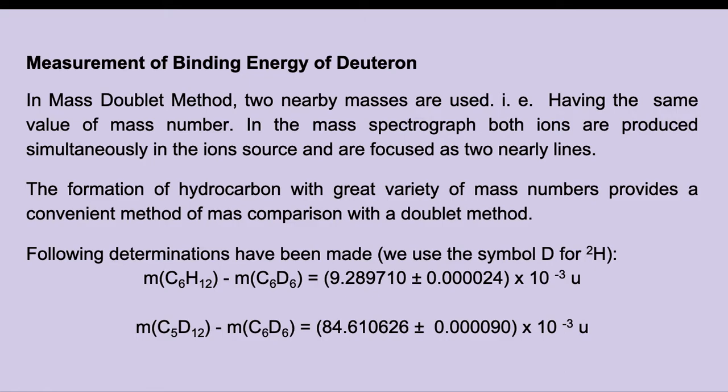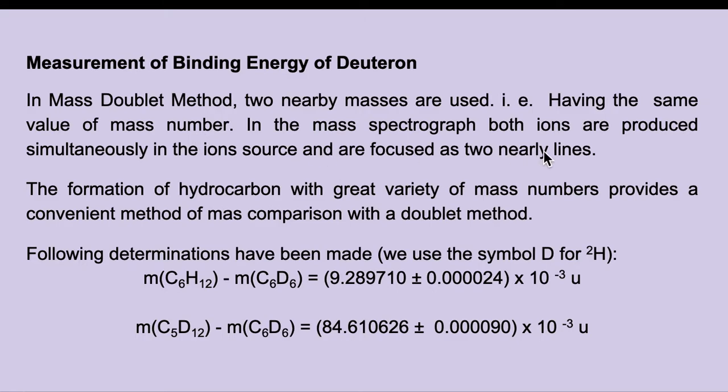We just mention that term and we will discuss the values that we are getting from the apparatus. So, this is the case. You are using two nearly same masses having the same value of mass number, and this is important, the same value of mass number.